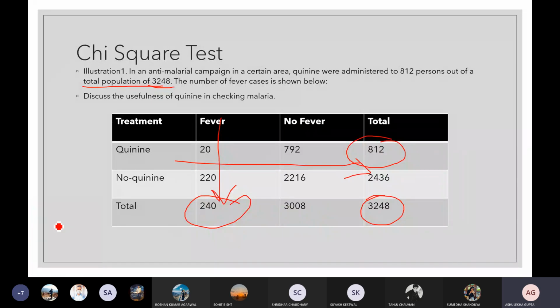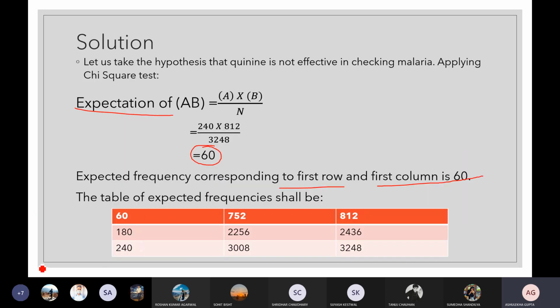So there is fever, and this one is the first row, first column, and total population. So we can see here this one is the 60. So now first row is 60, right? Same way we will calculate for the second row. In that way we will calculate the expectations of AB for each and every cell, the rest of these we have to calculate.